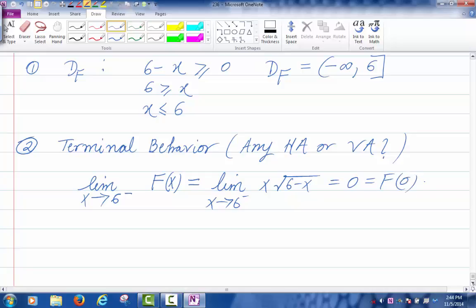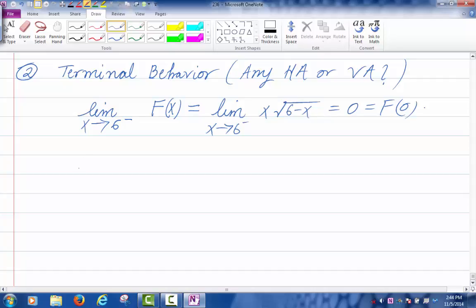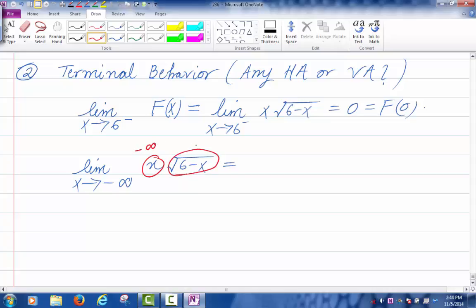Okay? And now I need to know the behavior of the function at negative infinity. So what's the limit as x goes to negative infinity of the function x root of 6 minus x? What would you say? As x goes to negative infinity, what can you say about x? It goes to negative infinity, and what can you say about the second factor?